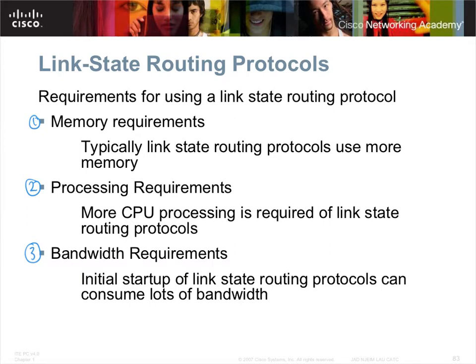In terms of processing requirements, it is also high because the Dijkstra algorithm has to run over the global view, not like distance vector routing protocols, where we have just a partial, small view. So the computation requirement is low for distance vector, but here it is much higher because we have to run against the link state database and the global view.